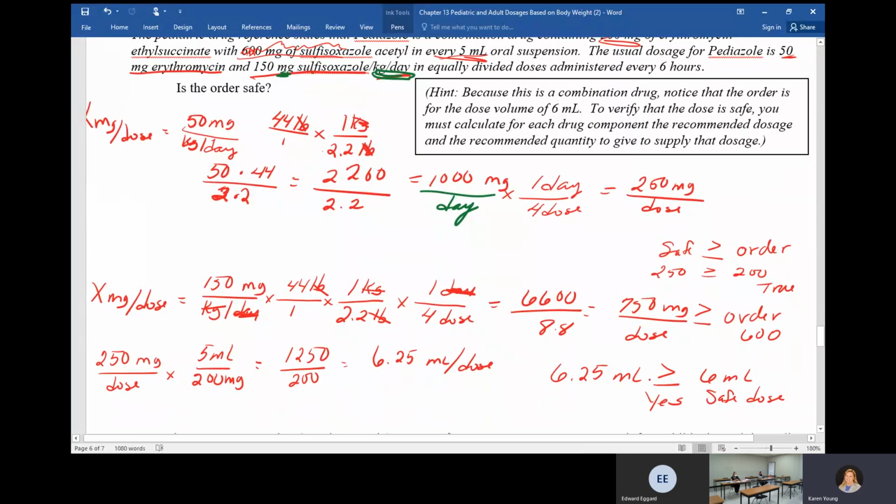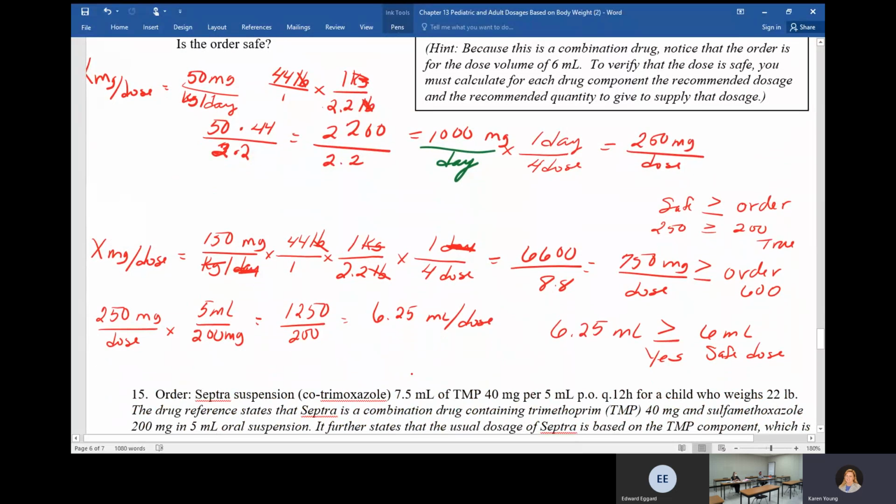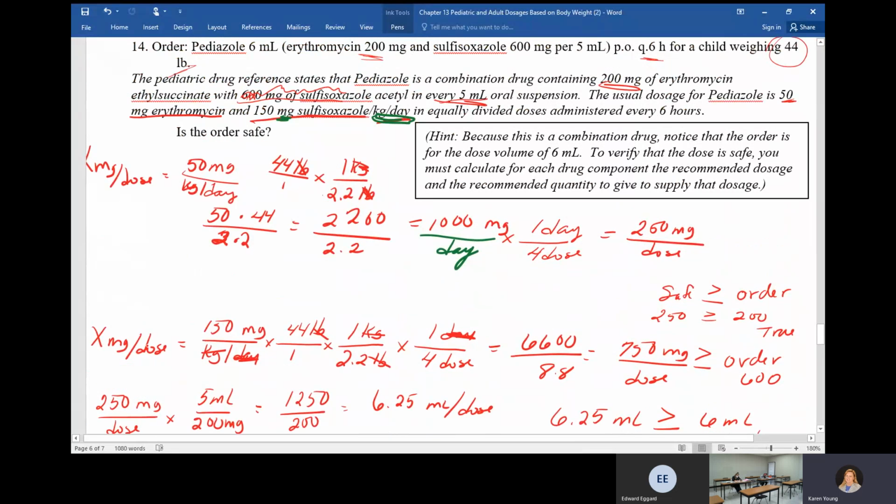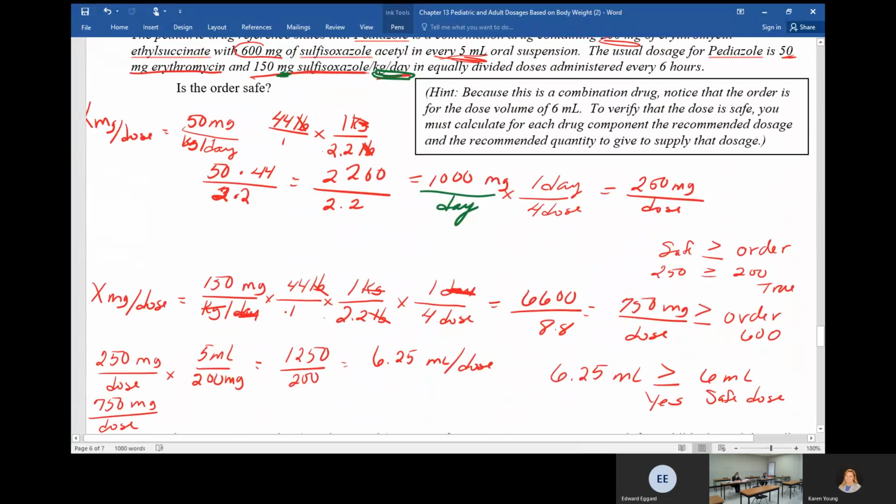But we have to do it for the erythrozyme, the E one. Now we have to do it for the S one, so my safe dose was 750 milligrams per dose. I go back up here and look. Then I'm going to use the 600 milligrams in 5 milliliters.